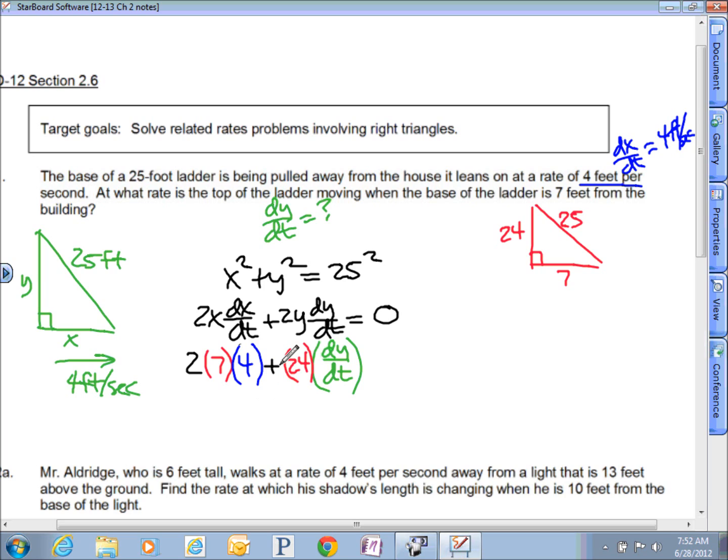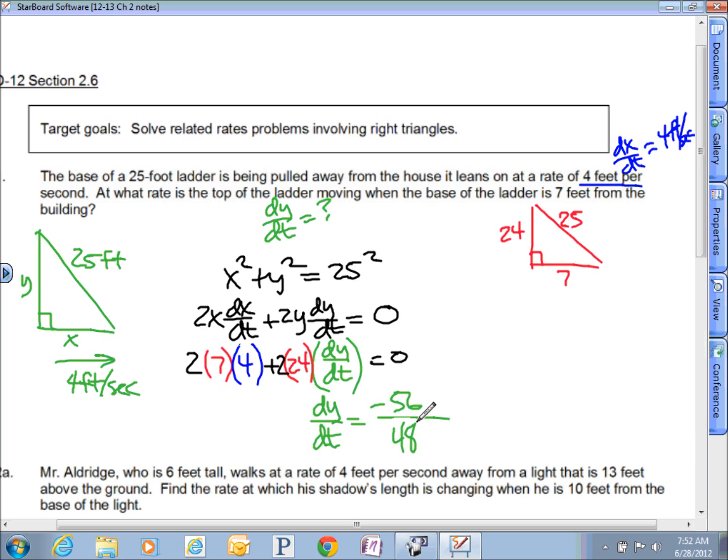Now it's algebra. 28 times 2 is 56. Let's move that over. So my dy/dt would be negative 56 over the top of a 24. Oh, sorry, I forgot a 2 in there. That's going to change the answer a little bit. 2 of those 24s would really be a 48 in that denominator.